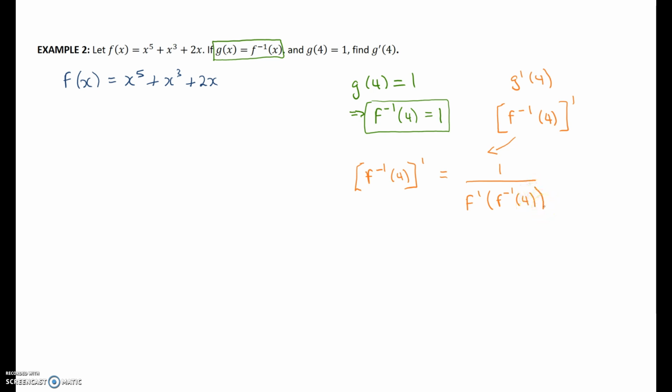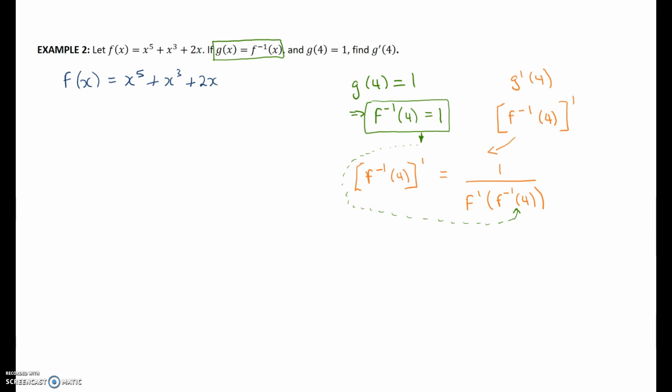Okay, but the good news is, look, we have that here. So we know what f inverse of 4 is, and what we're going to do, we can bring this down, and I'm sorry that I have lines going all over the place here. We can put that in there.